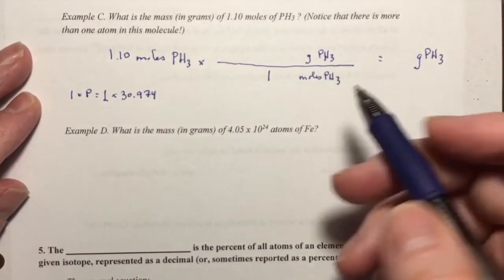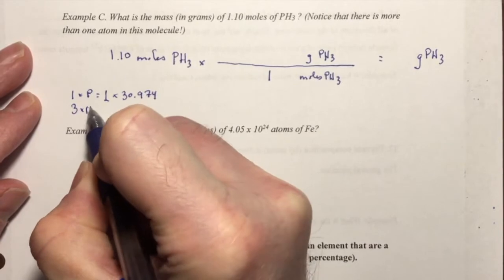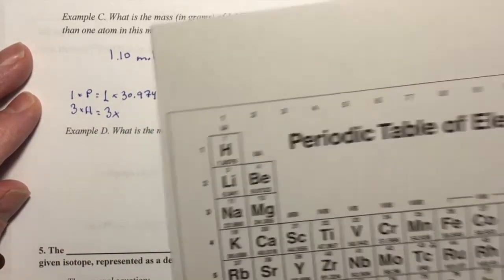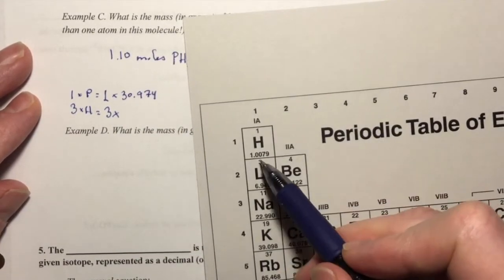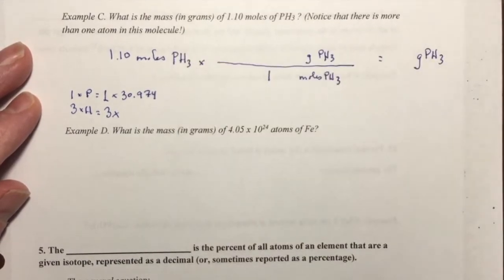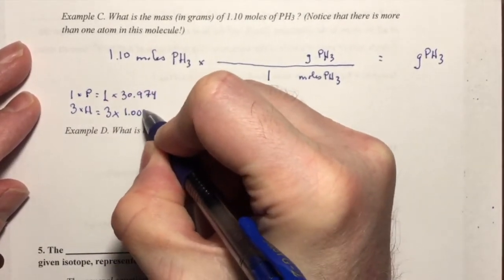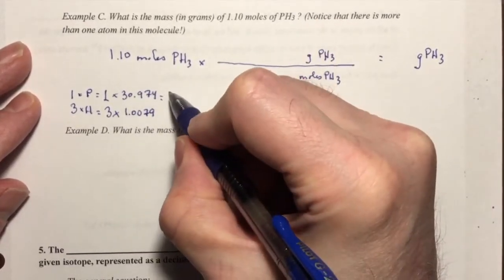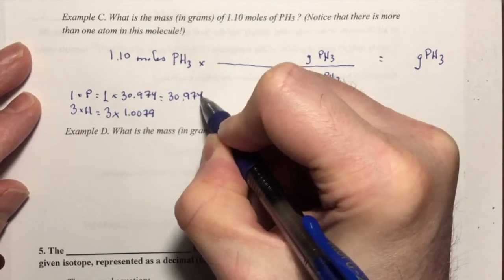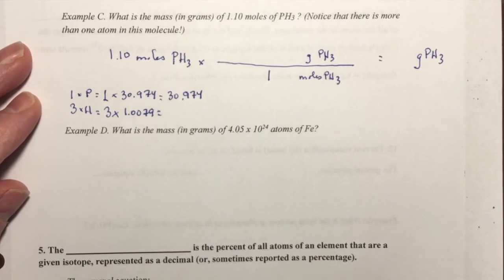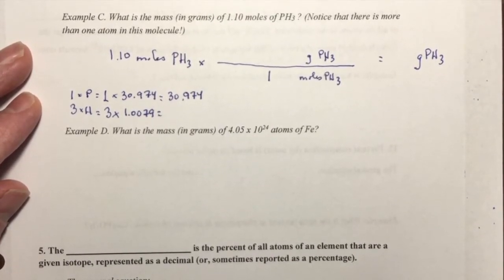And I've got 3 hydrogens, so that's 3 times hydrogen, and the atomic mass of hydrogen is 1.0079. Well, we know that 1 times that is 30.974 from the phosphorus. 3 hydrogens, we do that math and we get 3.0237.